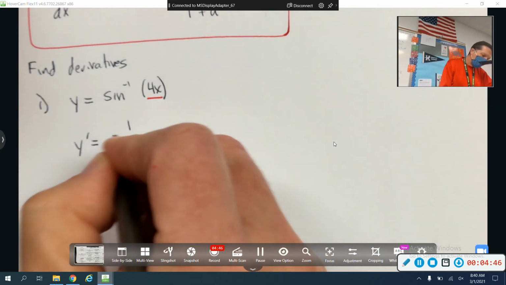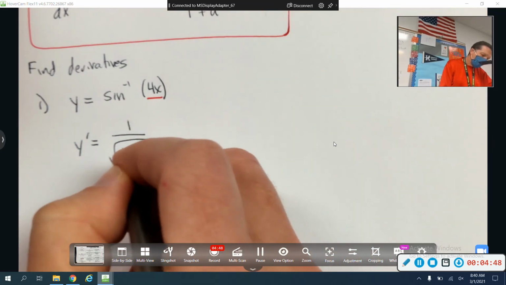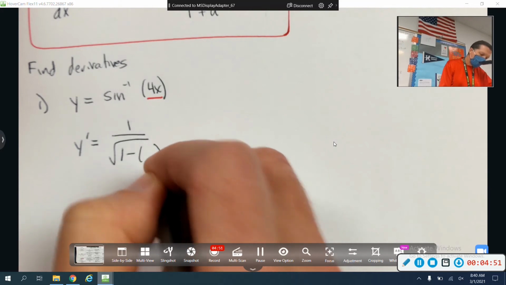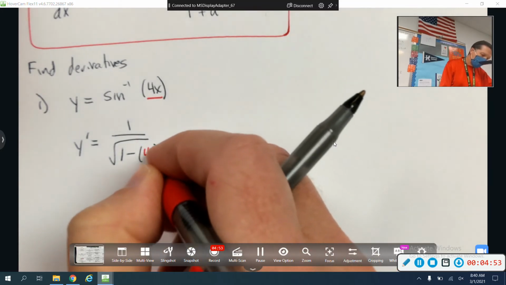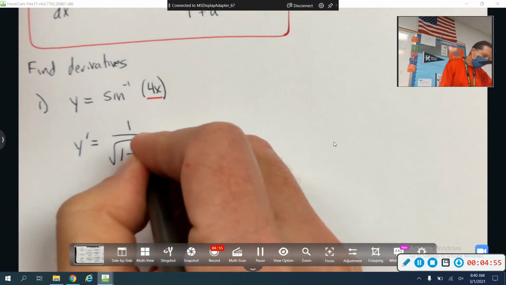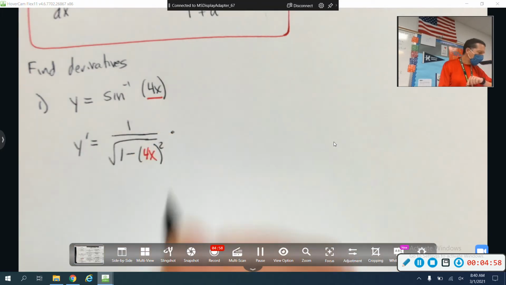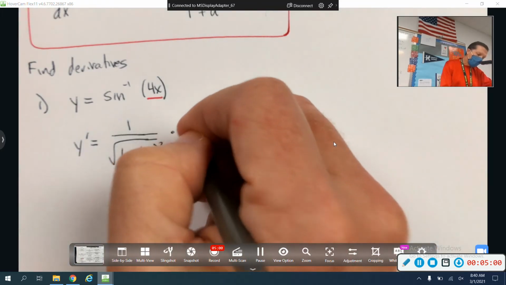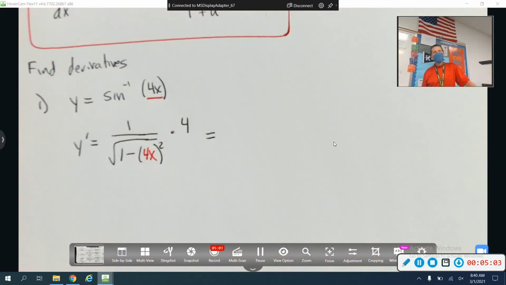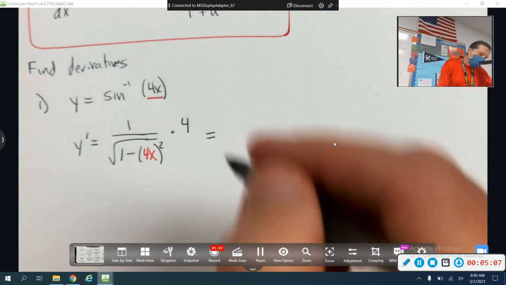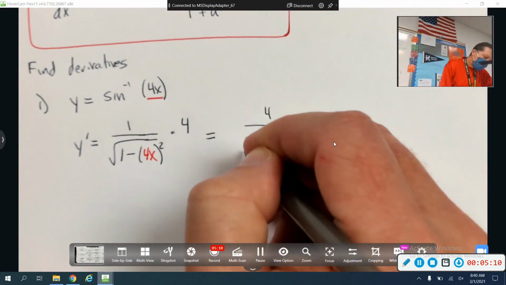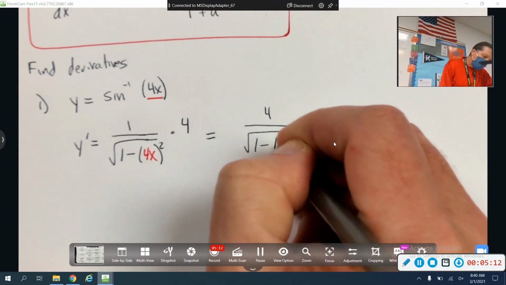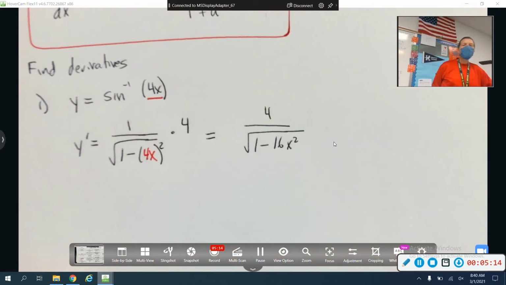So 1 over the square root of 1 minus 4x squared. But then chain rule, don't forget the 4. Perfectly acceptable safe stop answer right there. But if we wanted to clean it up a little bit, we'd probably square the 4x, make it look a little nicer.